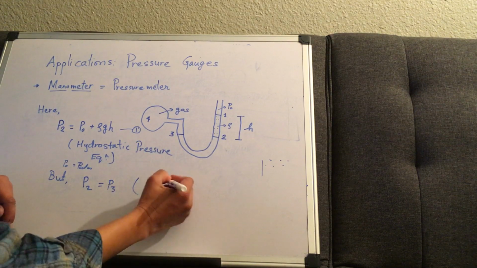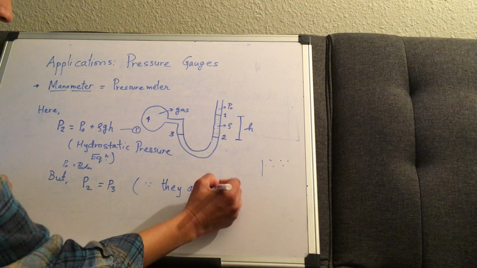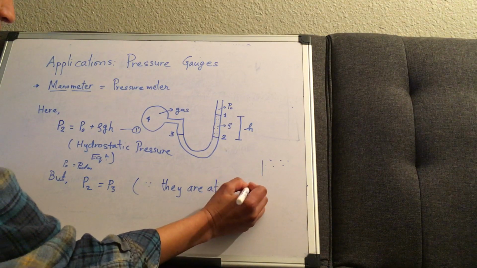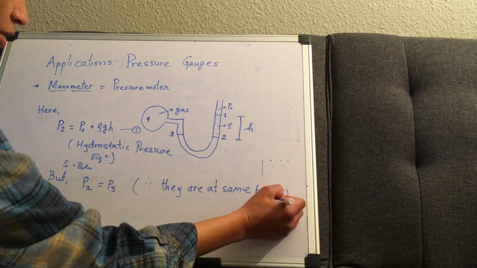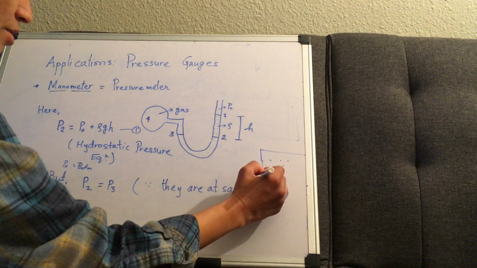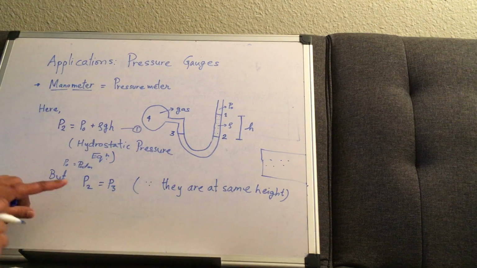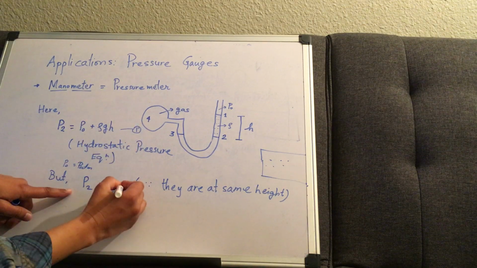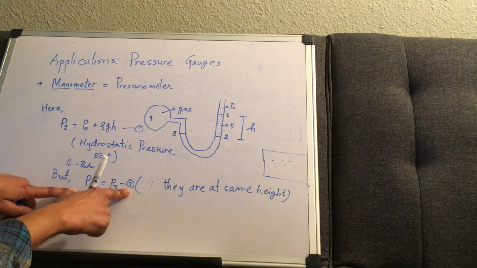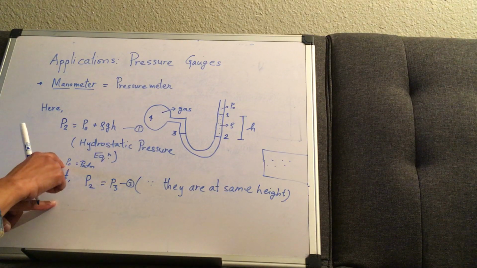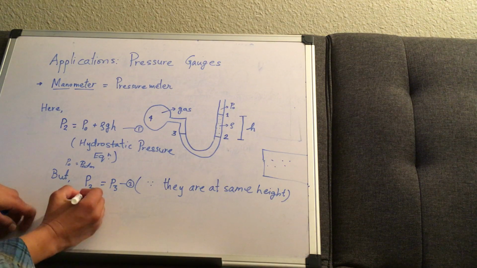Since they are at the same height, P2 equals P3. Let's call this equation 2. So from 1 and 2, we also want to substitute the value of P naught. Then we can write what the next step is going to be.